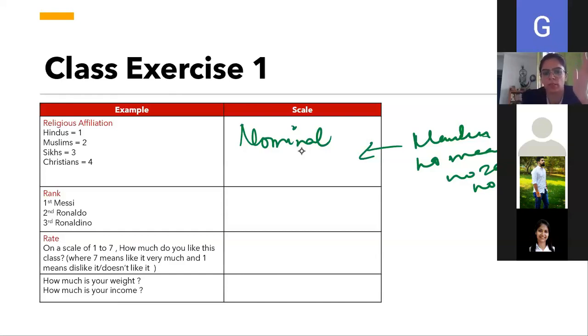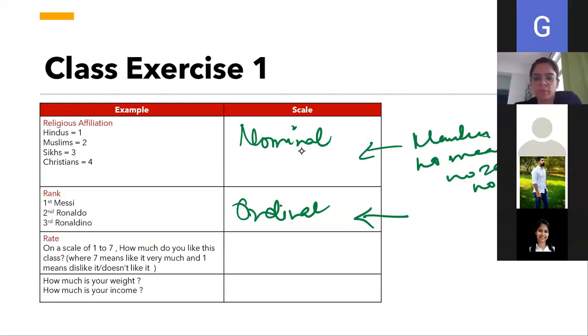Second, rank. That's ordinal. First Messi, second Ronaldo, third. And why is it ordinal? Ma'am, it's ordinal because the numbers have real meaning.